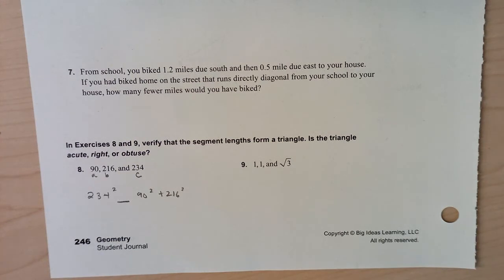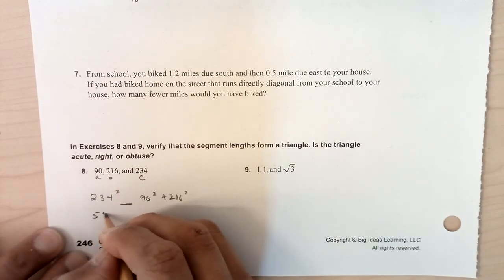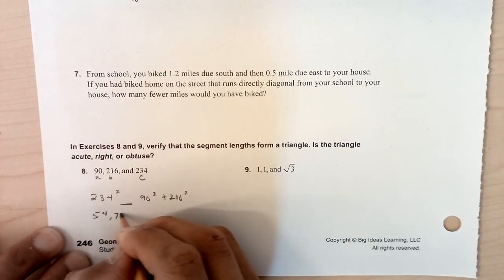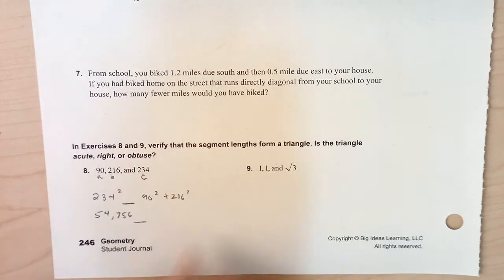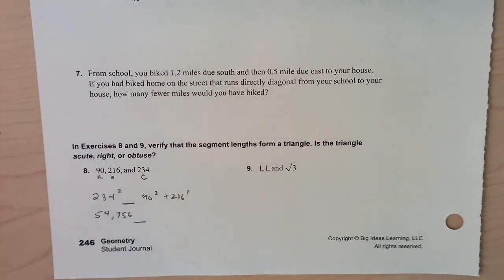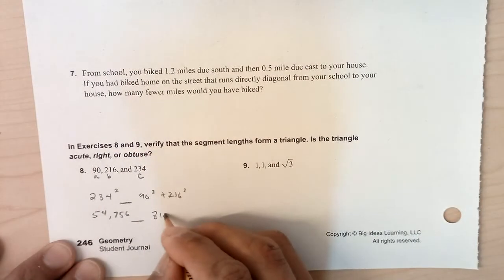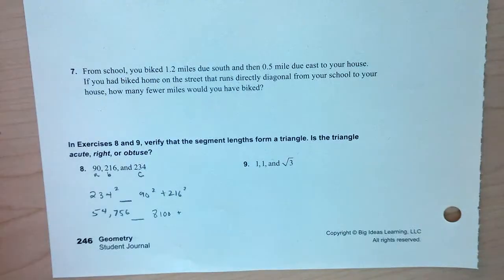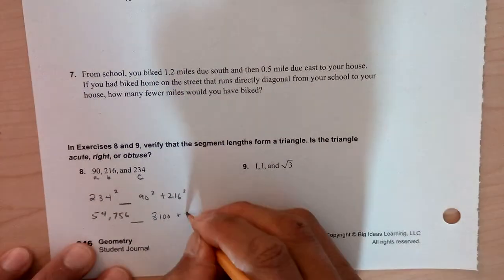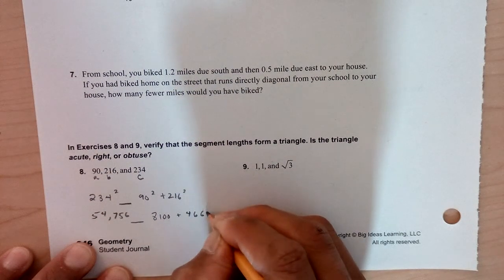So you probably need your calculator like I'm using right now. 234 squared is 54,756. Again, I'm comparing that to 90 squared, 8,100, plus 216 squared, 46,656.